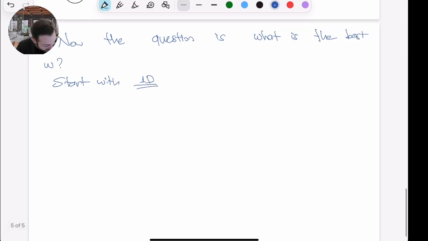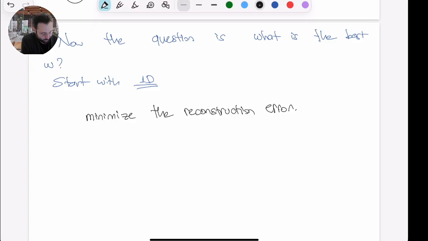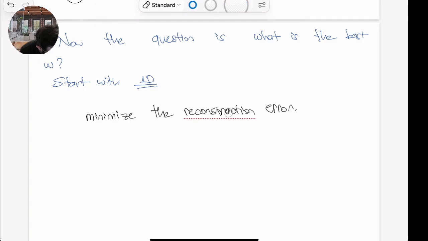So I would like to minimize the reconstruction error.